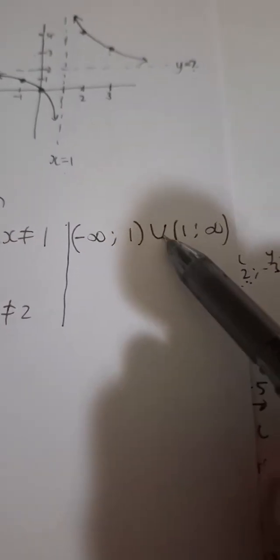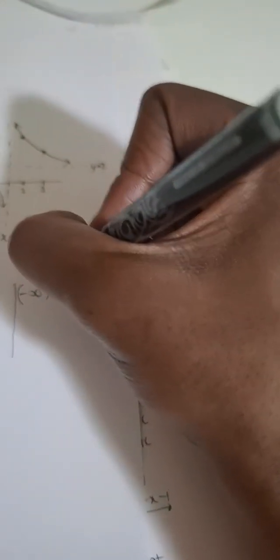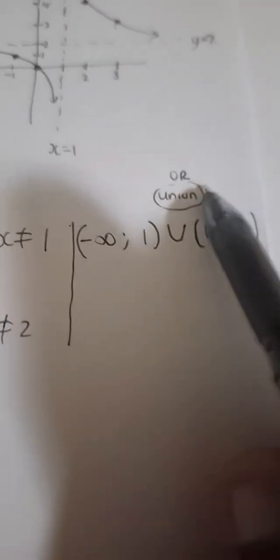And then this symbol here means union. This is just another way of saying or. Sometimes people write the word or, or they write union with this symbol that basically stands for union or.